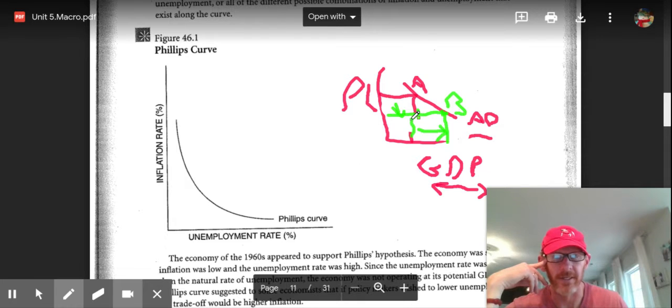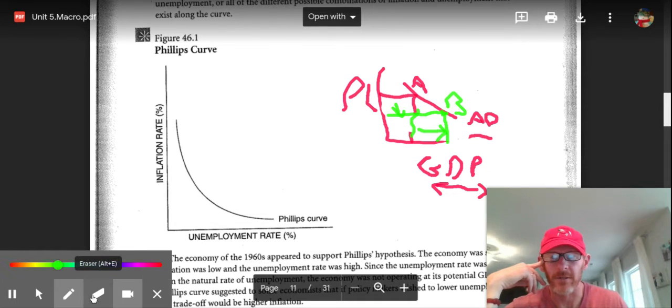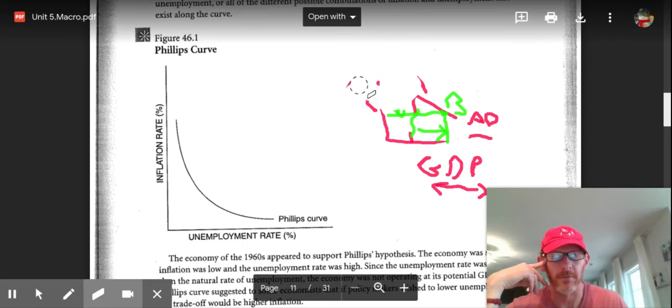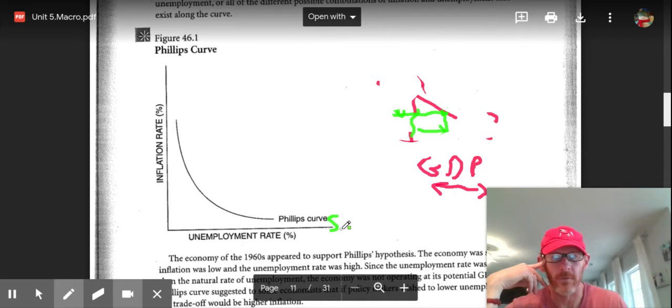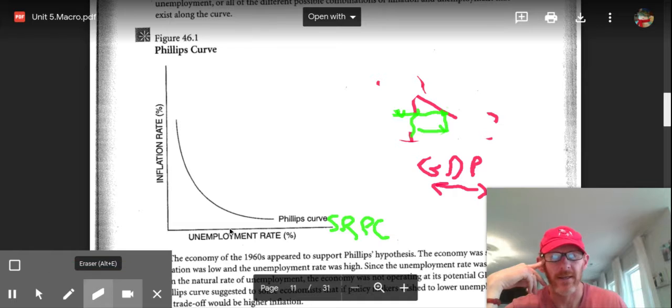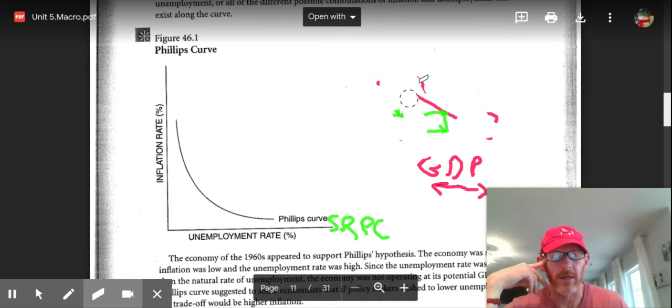So essentially what's happening is, now I'll erase all this real fast. The short run Phillips curve, this is maddening. This would be a short run Phillips curve. Essentially, this just moves with AD.